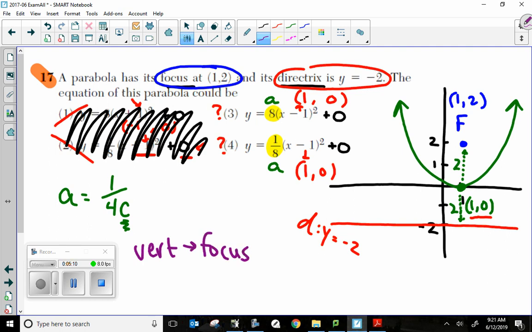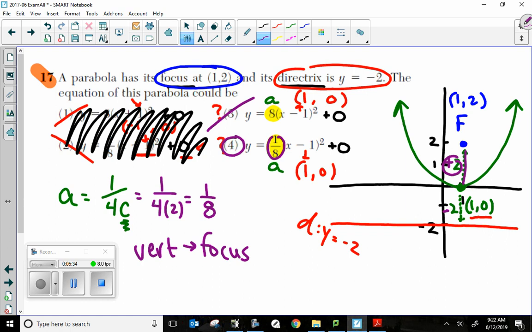In this case, we are going up 2, so it's positive 2. If it were below, it would be a minus 2. But this is my distance of positive 2. So C is 2. And that means my A value is 1/8. The choice is 4.